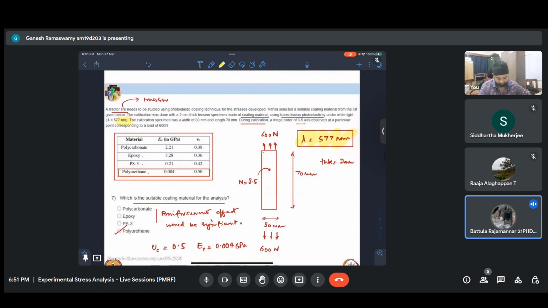See, lambda is 577 nanometers, which is 577 into 10 power minus 9 meters. But since our F epsilon is in mm, we need to convert the numerator also to mm. Hence, multiplying it by 1000.